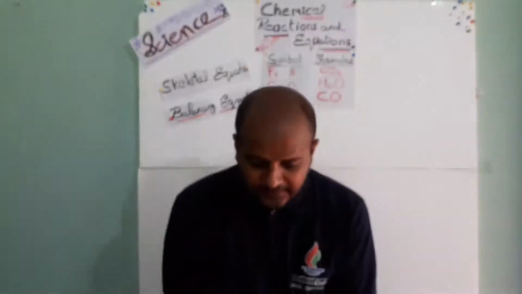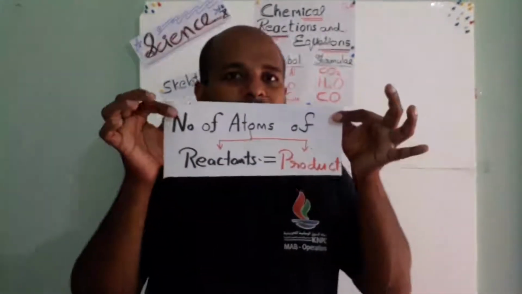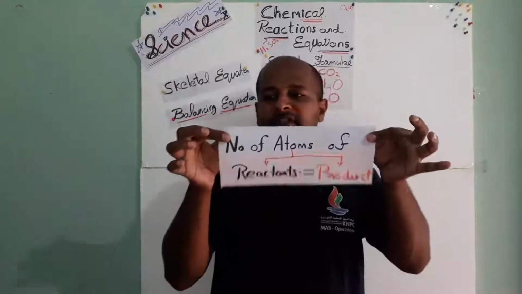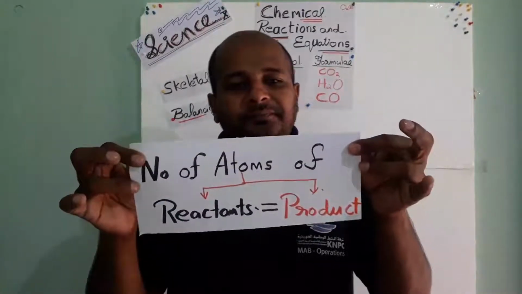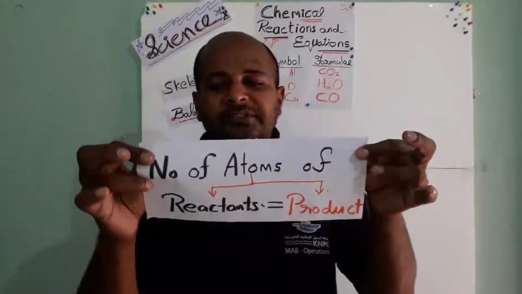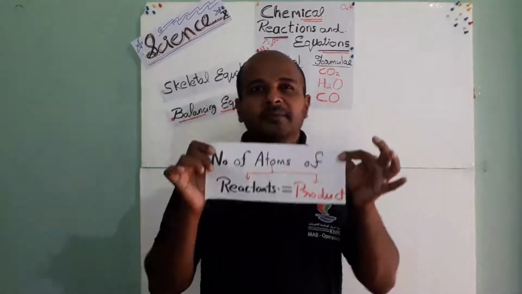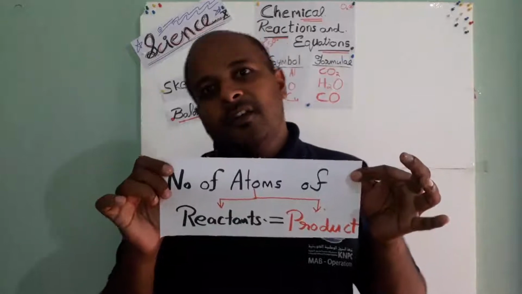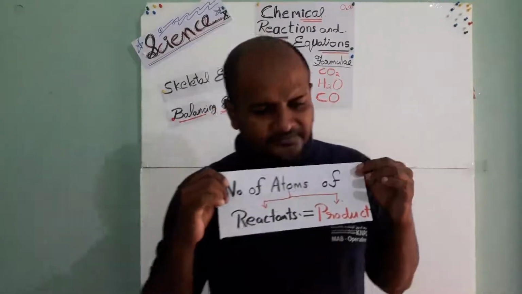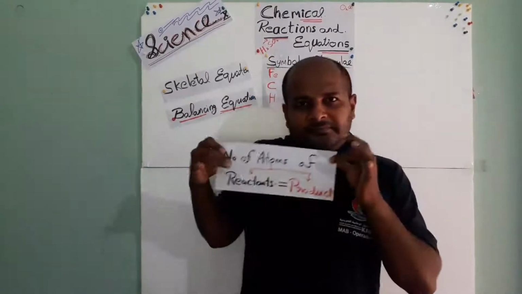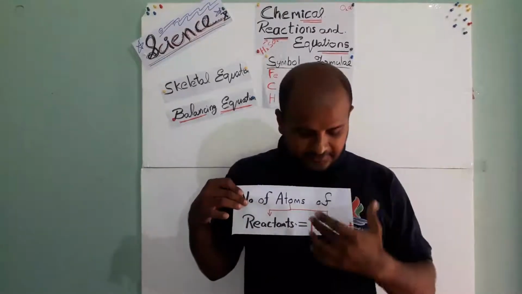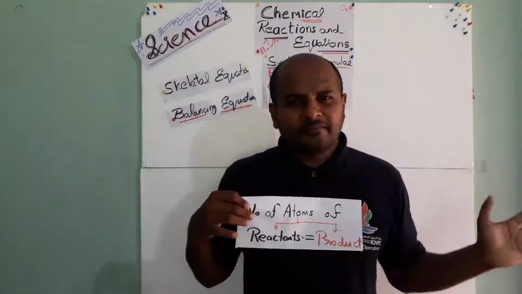Another thing is this one. It's another formula: the number of atoms of reactants must be equal to the number of atoms of products. Reactants come on which side? Products, every time.